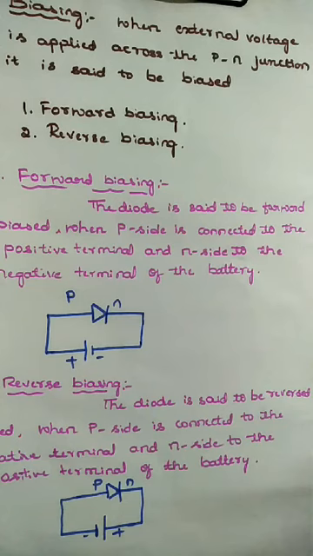Now let us move on to the next concept, the working of the semiconductor diode in forward bias. In examination, they can also ask to explain the working of the semiconductor diode in forward bias and draw the IV characteristic curve for forward biasing.